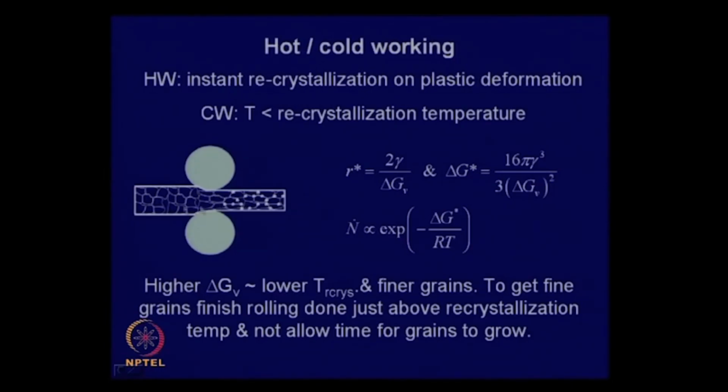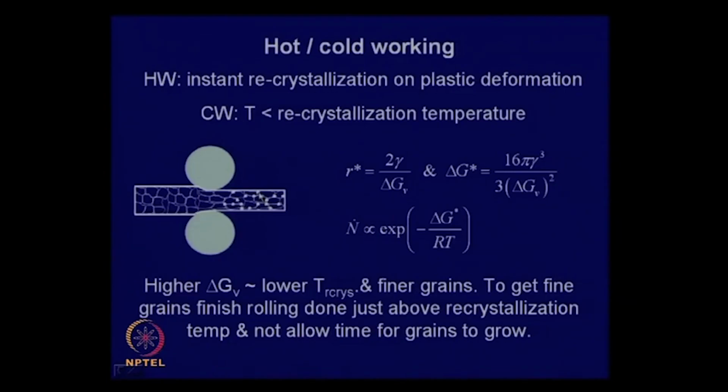Maybe that is the place where you give this large deformation, and after deformation, either you cool it, or these new grains which form will grow with time. So the key to getting a fine grain structure is, and it will be worthwhile to recollect, the relationships which were derived.